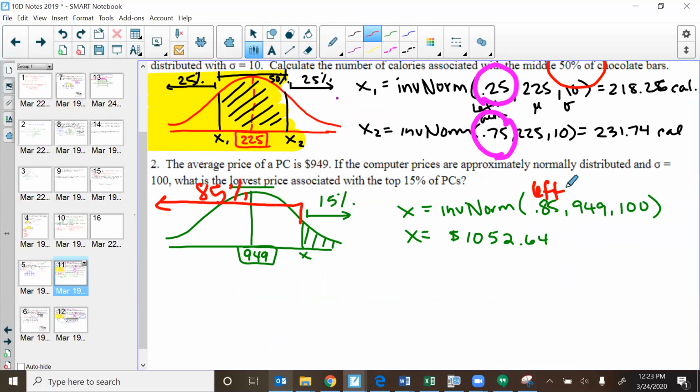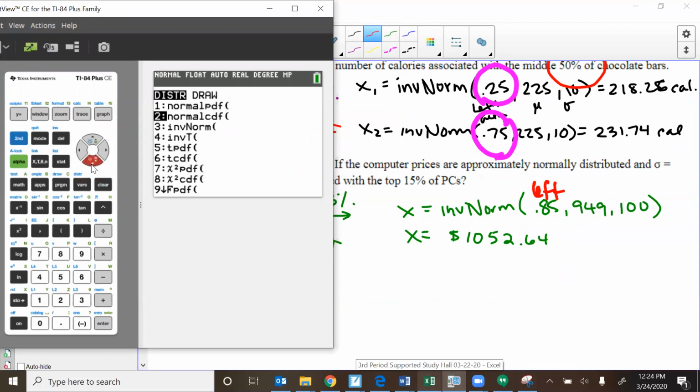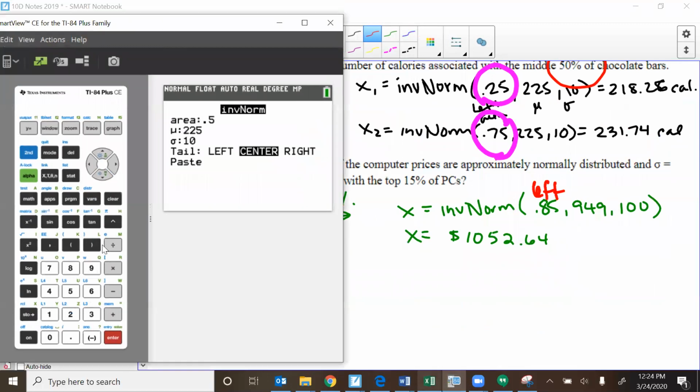But again, with our calculator, you could do it a new way by using inverse norm and using your tail to the right. You could do 85% to the left, or you could do 15% to the right, and the mean was 949.